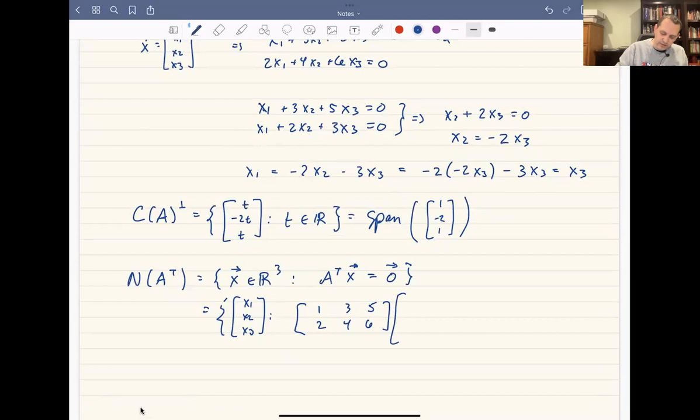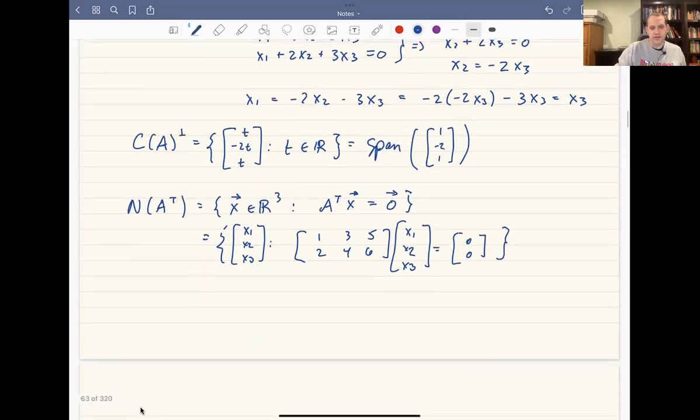And then we're going to multiply that by x1, x2, x3, and that should be the 0 vector, 0, 0. And lo and behold, look at what's going to happen here. Think about what happens when we do this matrix multiplication. We have 1x1 plus 3x2 plus 5x3 equals 0, and 2x1 plus 4x2 plus 6x3 equals 0.